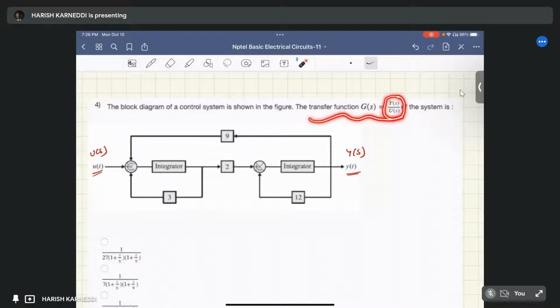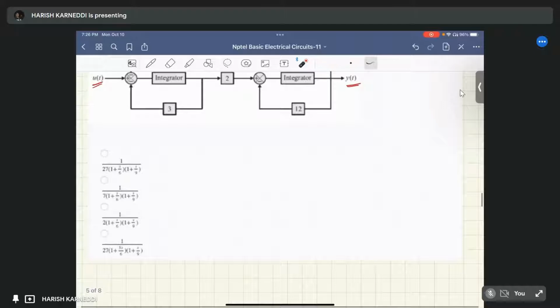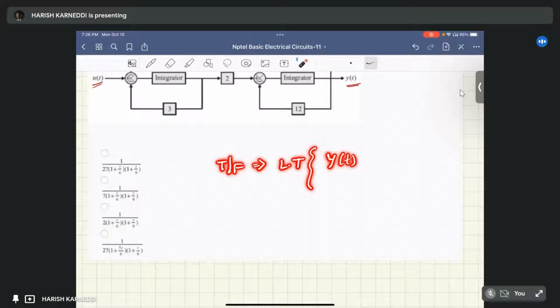This transfer function is the ratio of Y of s by U of s, the output in s domain by the input in s domain. We can write transfer function equal to simply the Laplace transformation of y of t by u of t.